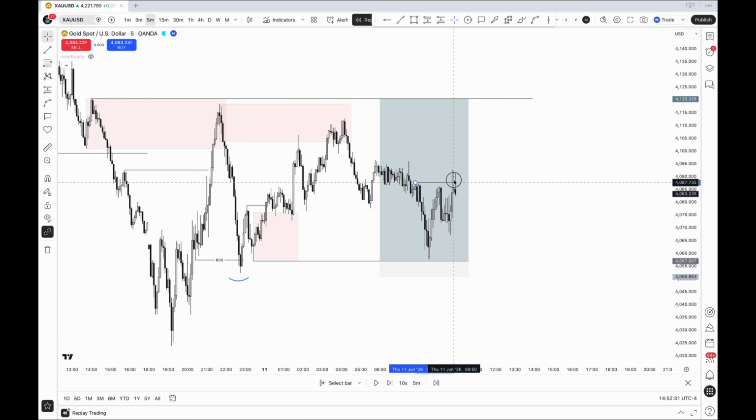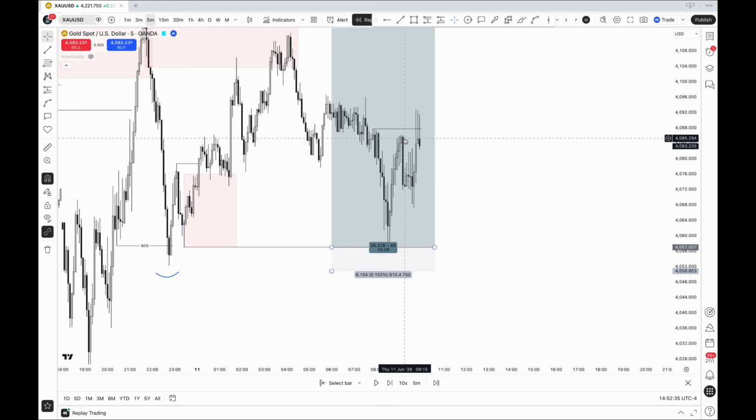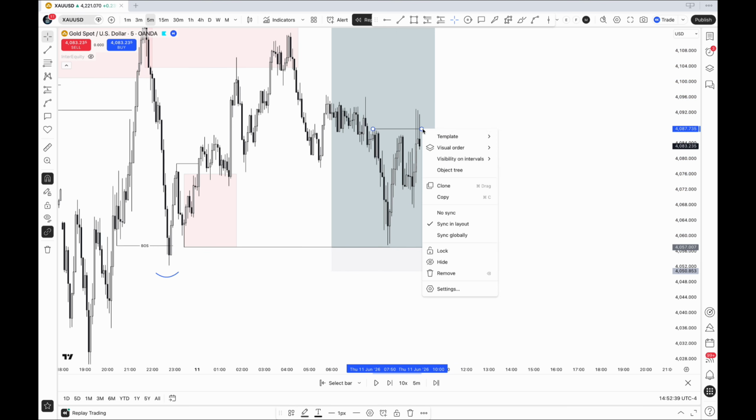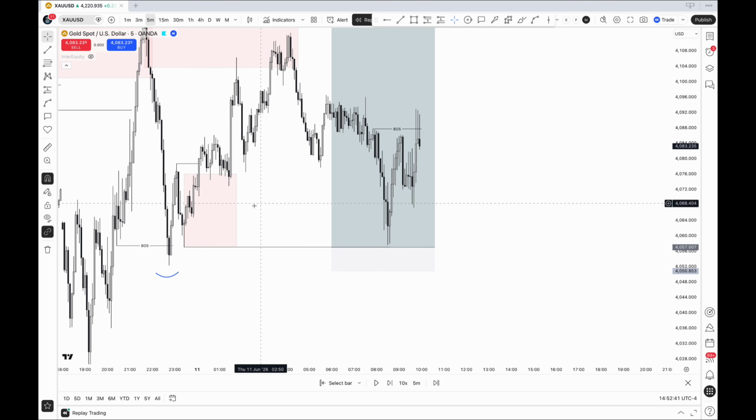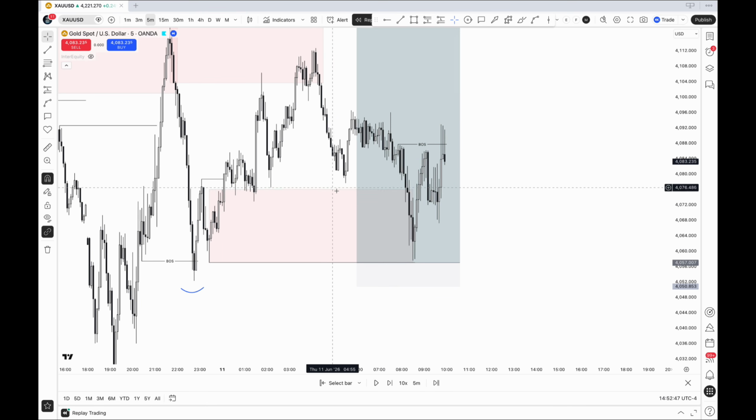Look at how we get this reaction, creating this break of structure here. We get this break of structure here, and that's all from this buildup area. Remember, we do not want to be trading this buildup area. We do not want to be taking buys above this low here.